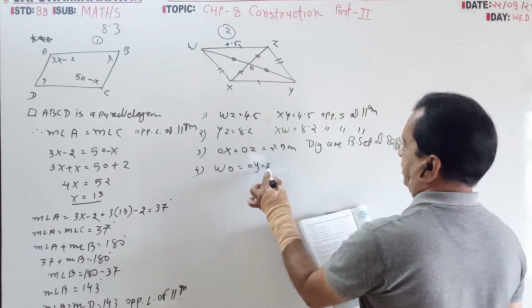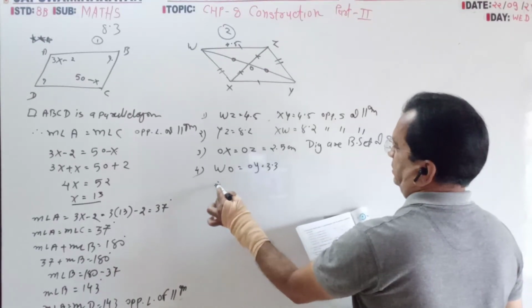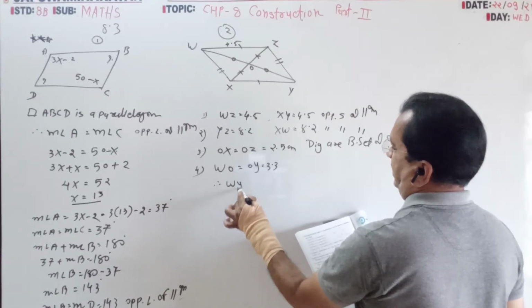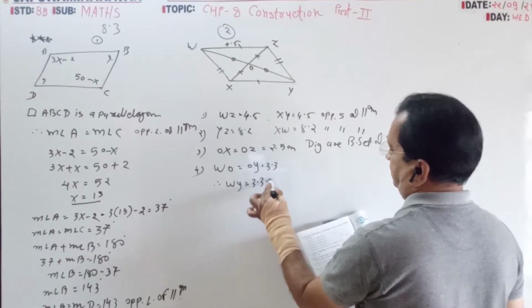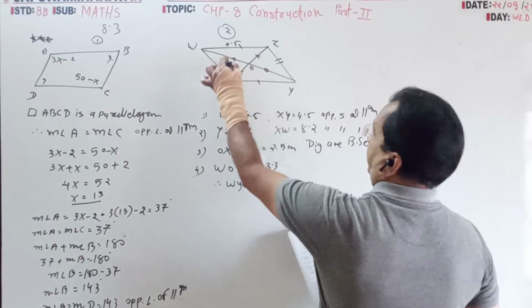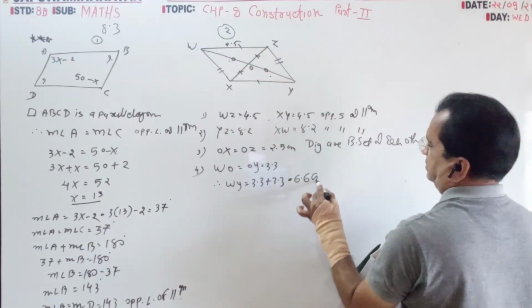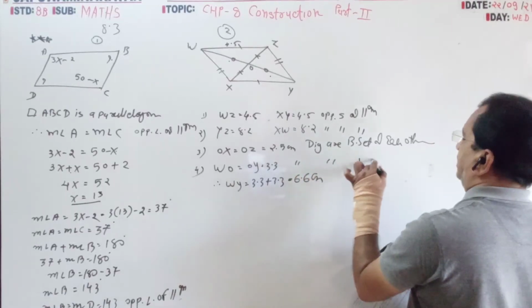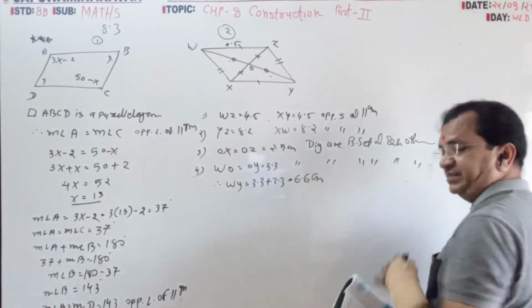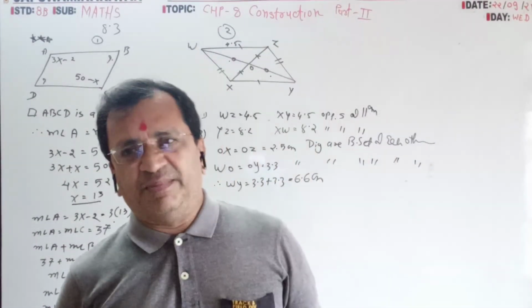It is 3.3. Therefore, WY is equal to 3.3 plus 3.3, 6.6. Here the reason is same. Diagonals bisect each other.